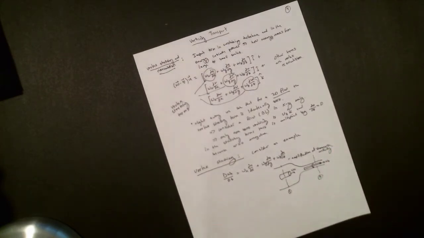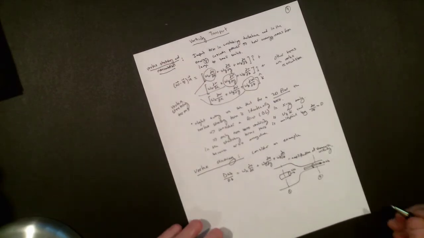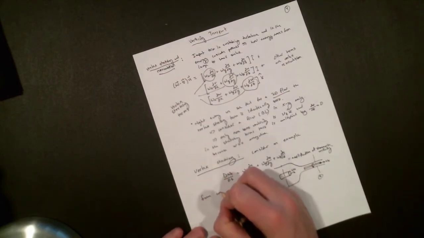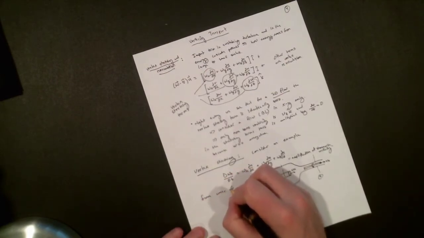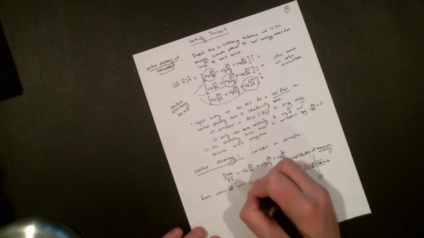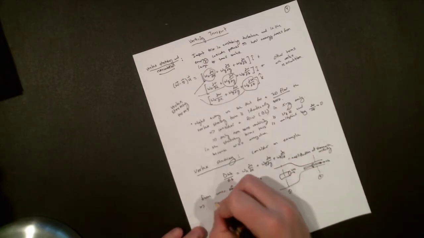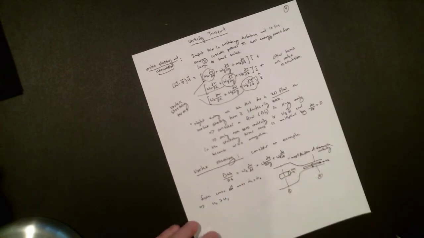So from conservation of mass, we know that m dot at 1 and m dot at 2 are going to have to be equal. And therefore, U2 has to be greater than U1, just from that, it's an incompressible flow.